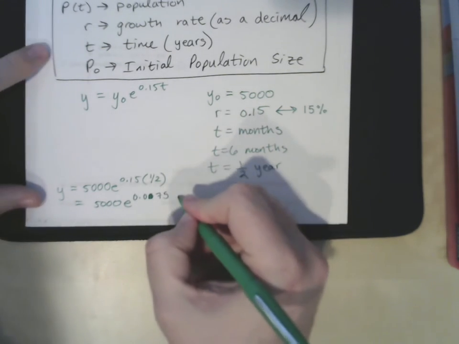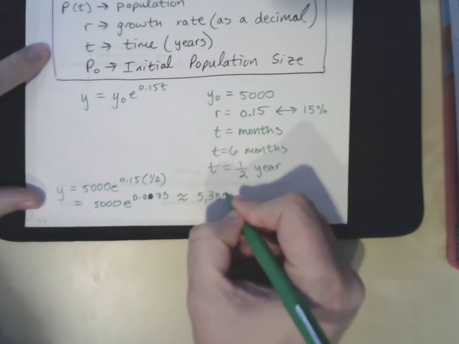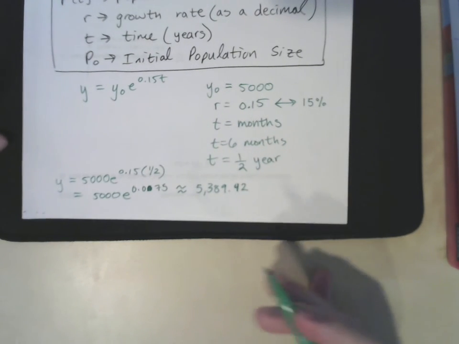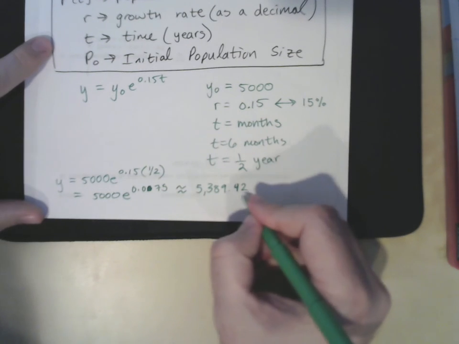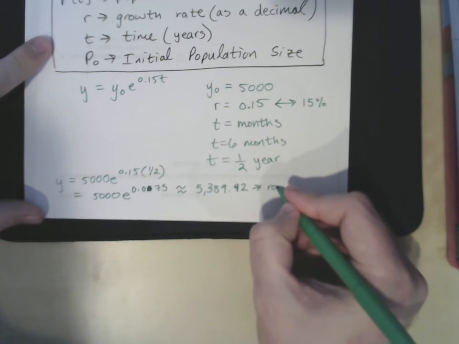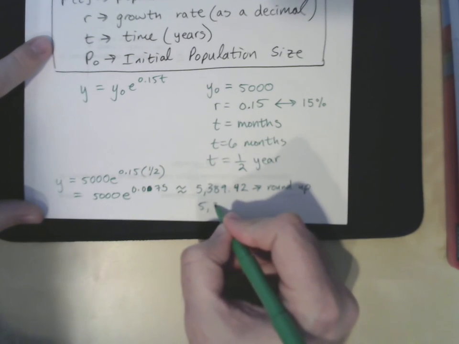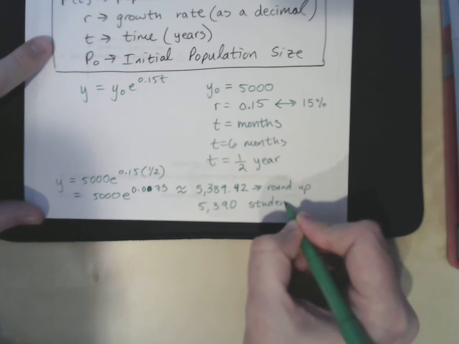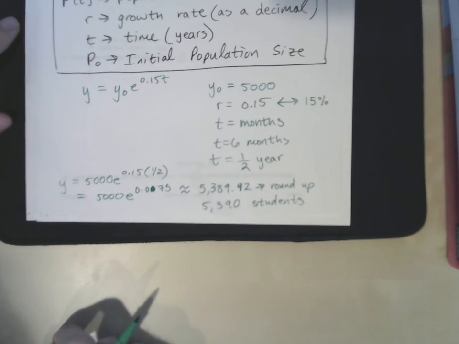And when we do that, we get approximately 5,389.42. Now, we're dealing with students, so you can't have 0.42 of a student, so we always round up when you're dealing with population size. And so we have 5,390 students that won't like math in half a year.